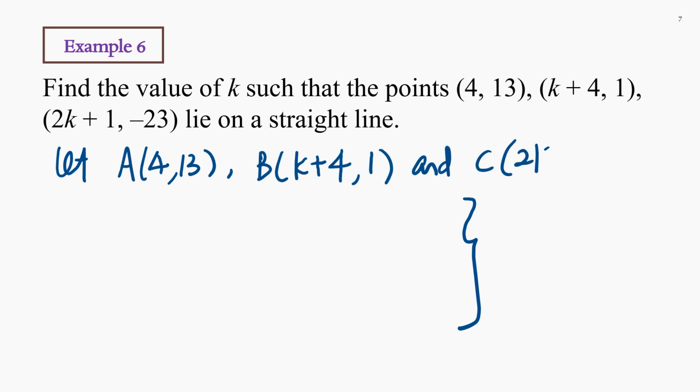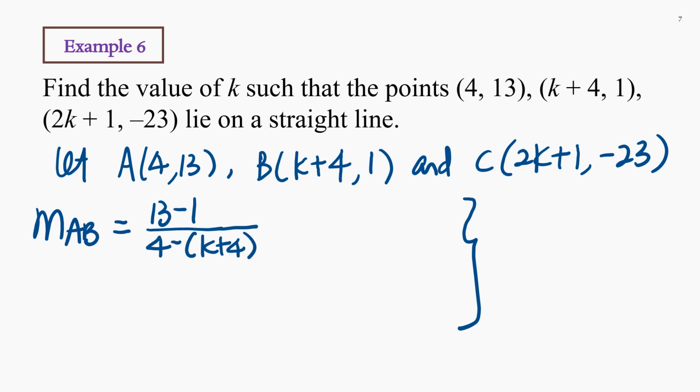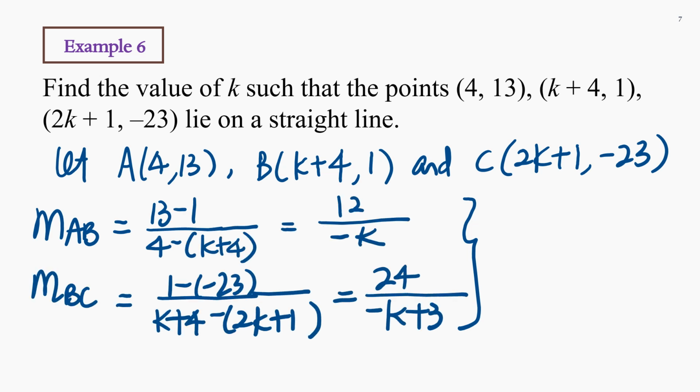So let's start off by giving a name to all these 3 points. We call (4, 13) point A, (k plus 4, 1) point B, and (2k plus 1, negative 23) point C. So let's go on to find the gradient of AB and the gradient of BC. And since they lie on the same straight line, the gradients must be equal to each other.